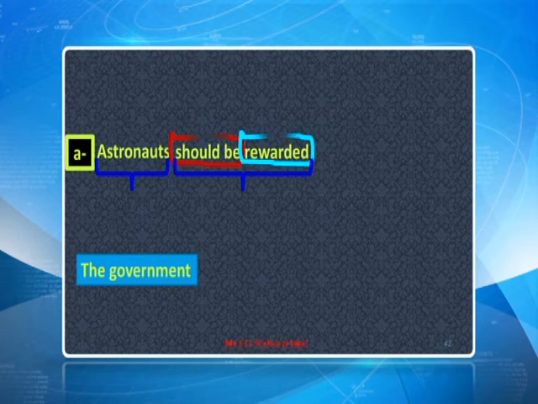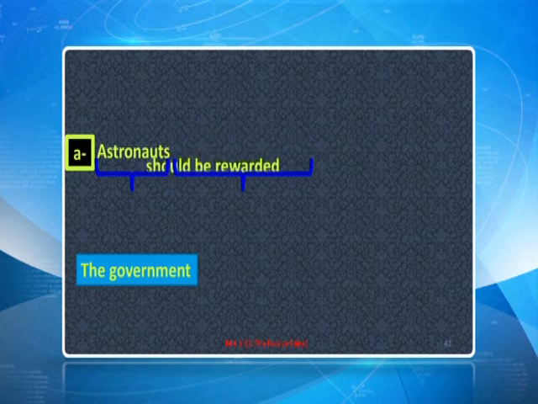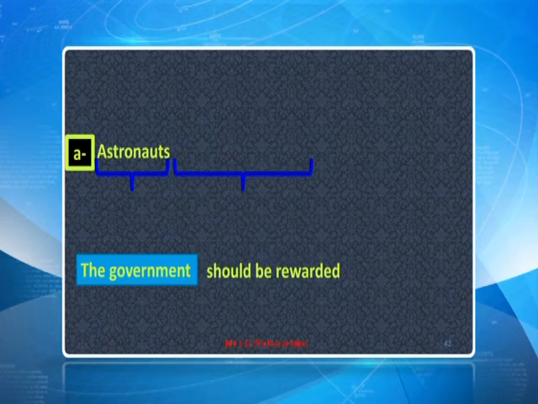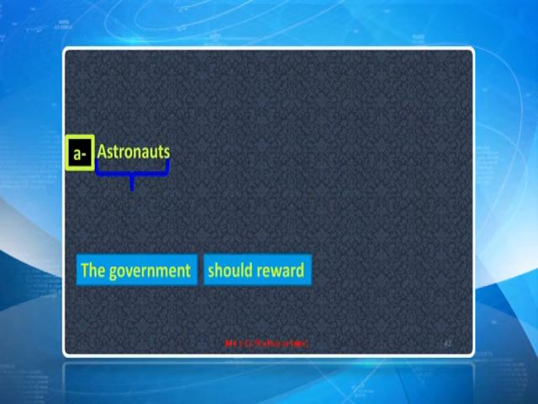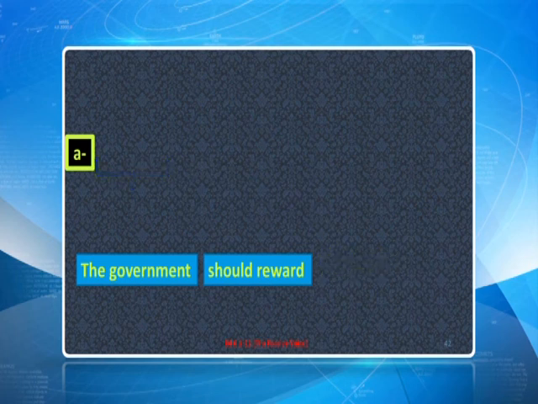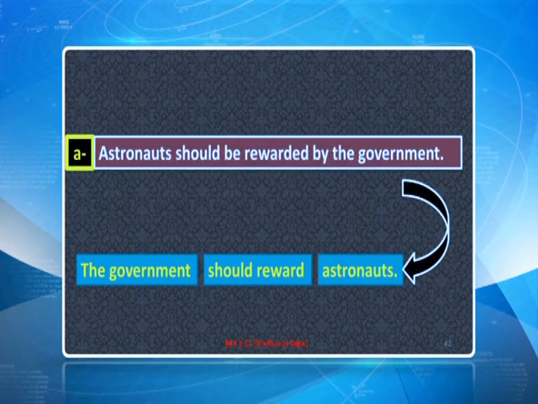So what you have to do here is to change should be rewarded into should reward. So the government should reward who? The astronauts, with some amendments. You get the final sentence. So astronauts should be rewarded by the government will be the government should reward astronauts.